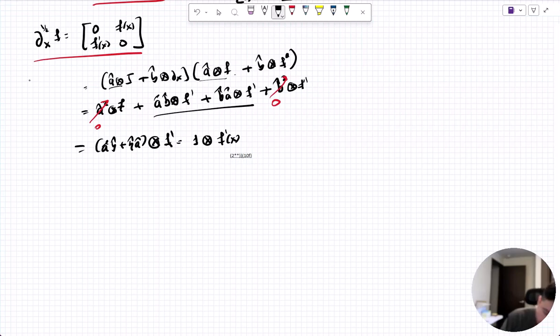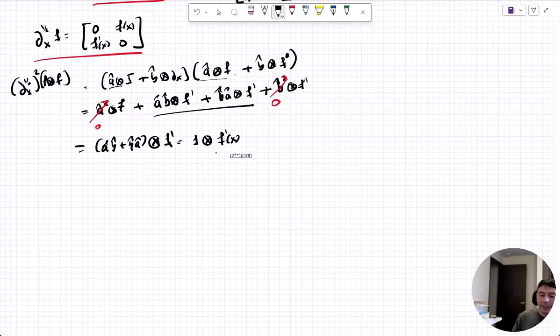Let's do it again. So the square of the derivative operator, the square root of the fractional derivative, acting on a real function which is given by 1 tensor f, gives me the derivative of the real function, 1 tensor f.